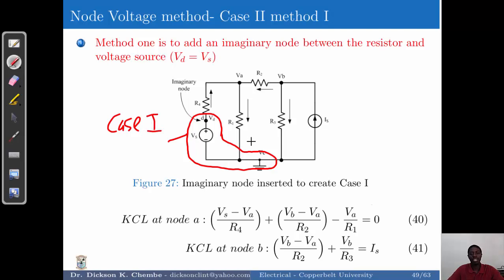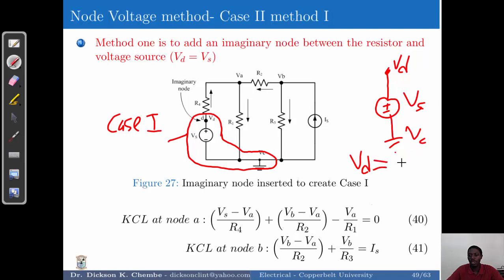When we look at case 1, we remember that if we have a voltage source that is grounded on one side and the other side is not grounded, for instance here we've got Vd and here we've got Vc, the potential at Vd is simply going to be equal to Vs, like we mentioned in the first case scenario. So our Vd here becomes simply equal to Vs.